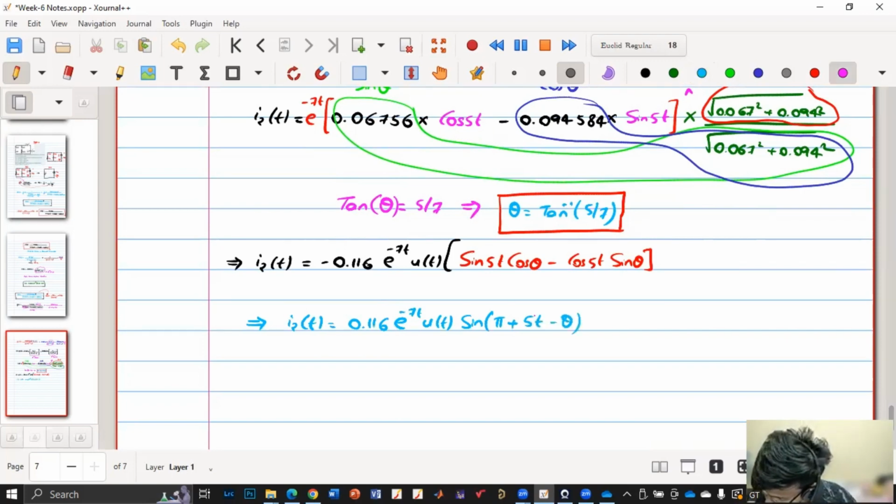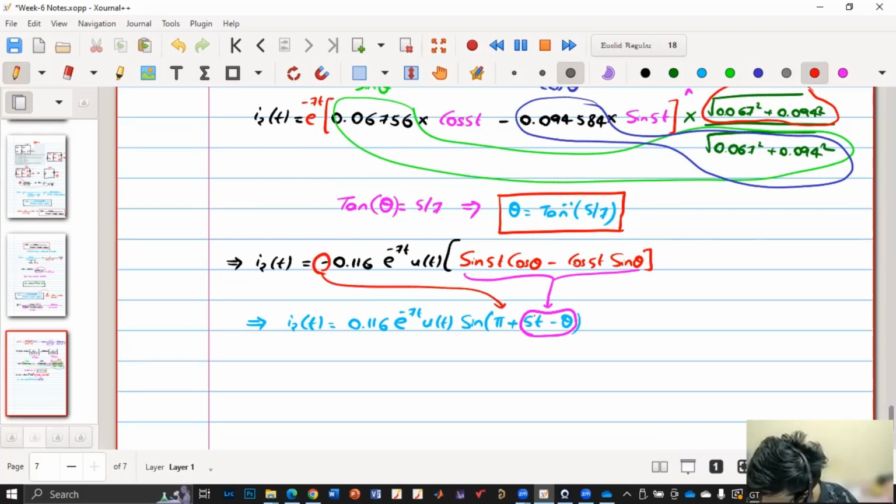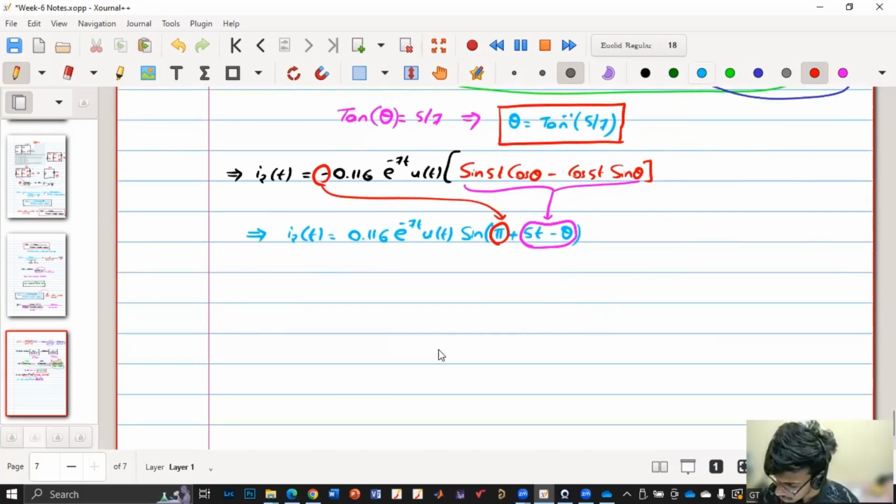Why? Because this is responsible for 5t minus theta, and this minus is responsible for this pi. Sine pi plus theta is minus sine theta. So minus of sine theta is sine of pi plus theta, or pi plus some value theta 1. Here theta 1 is 5t minus theta because it is coming from sine a cos b minus cos a sine b. Now I will rewrite this expression as something like this.